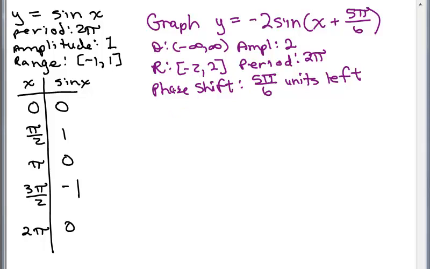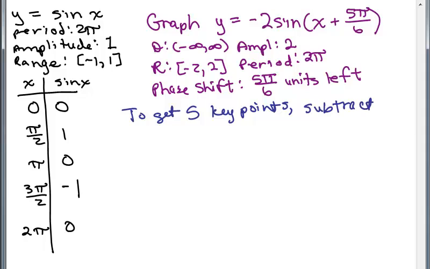All right, so now how are we going to get our 5 key points? And by that I mean, of course, the ordered pairs. What am I going to do to the x values here? I'm going to subtract 5 pi over 6 from the x coordinates of these key points.